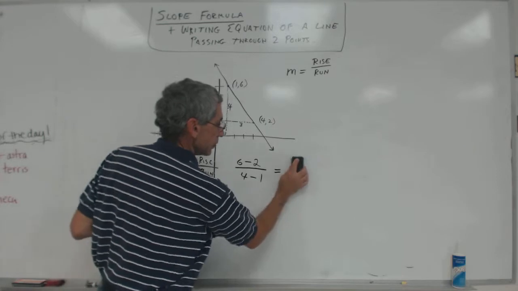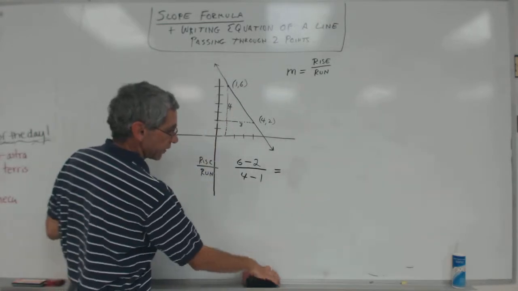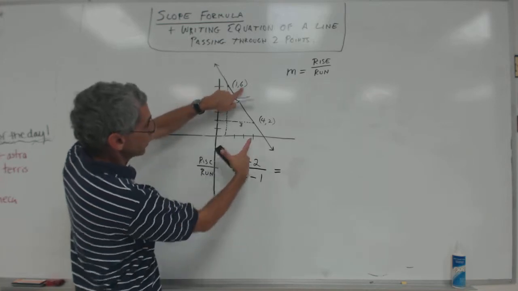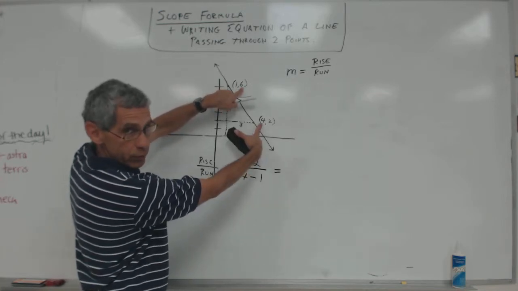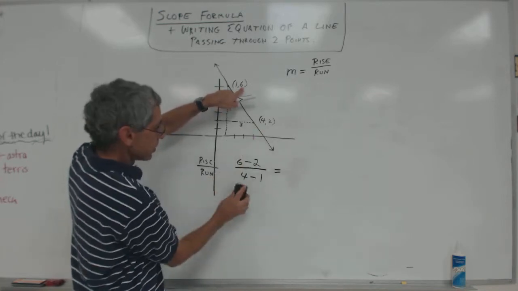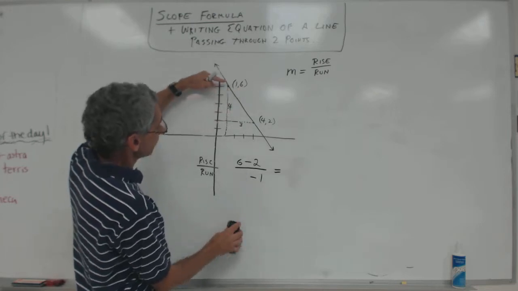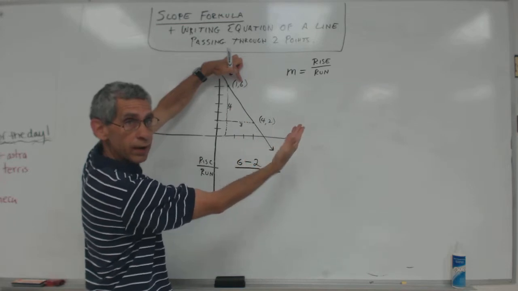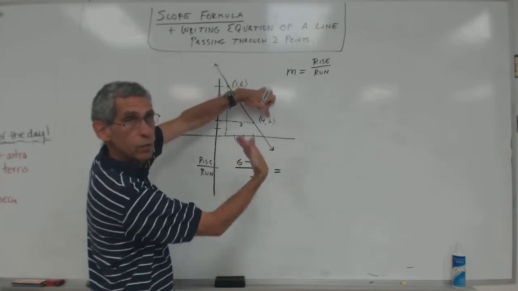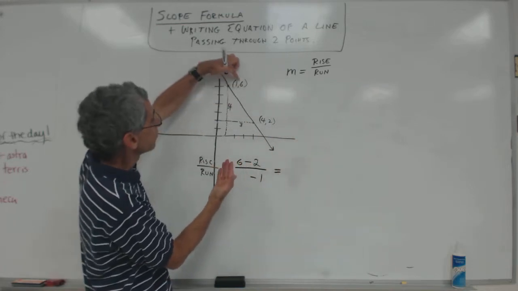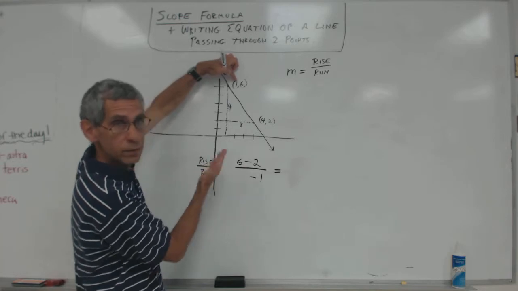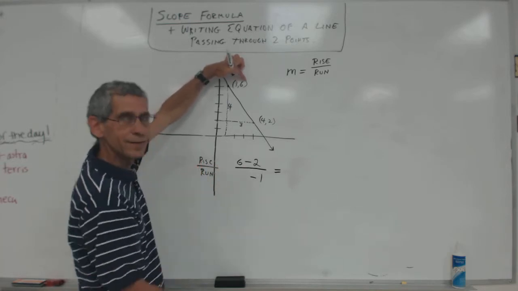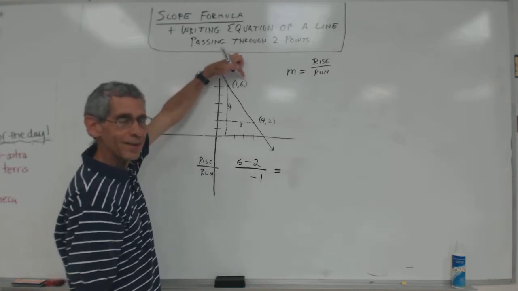Sorry. I just made the classic mistake. I started with the 6, and then I started with the 4. I can't do that. I've got to start with the same thing. I started with the 6, which is the right one, the y, so I've got to start with the right one, the x here, which is the 1. Geez, this is the worst. Let me start over.